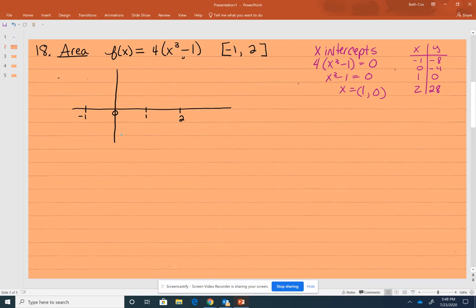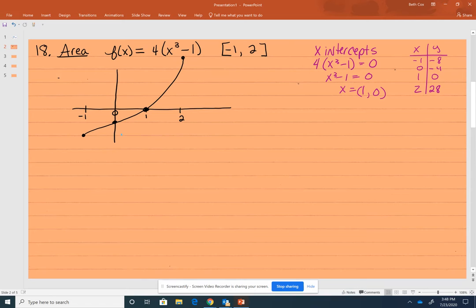Now 2 is 28, so that's going to be way up there. 1 is 0, 0 is -4, -1 is -8. So I have this graph that looks something like this. Okay? All right, there we go.